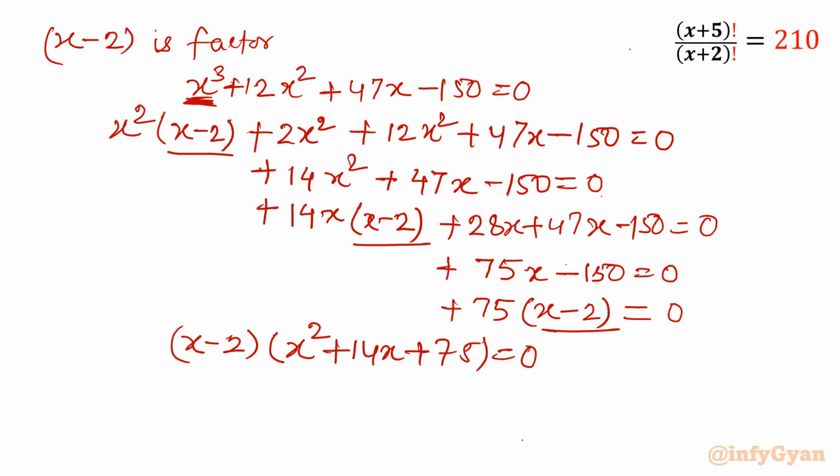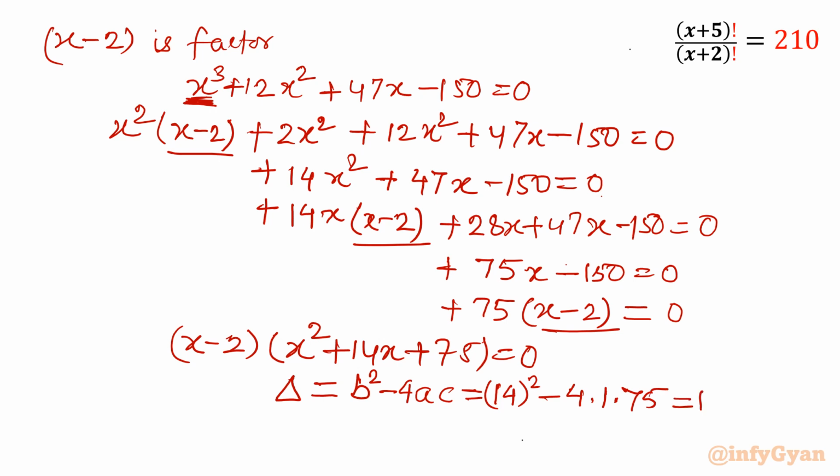I will only check whether we can get a real solution from this or not. Let me find the discriminant D or delta. That value is b square minus 4ac, so 14 square minus 4 times 1 times 75.